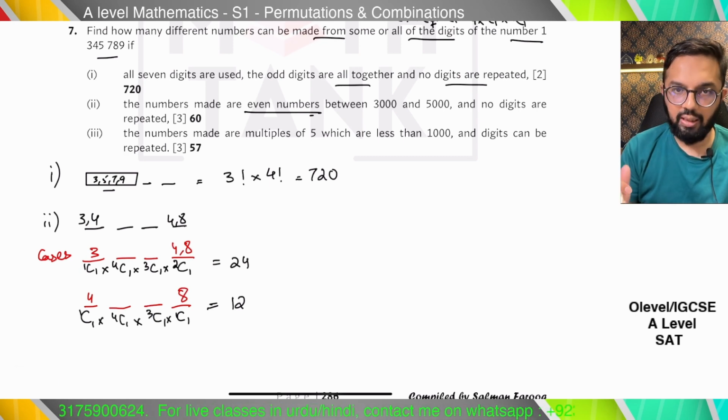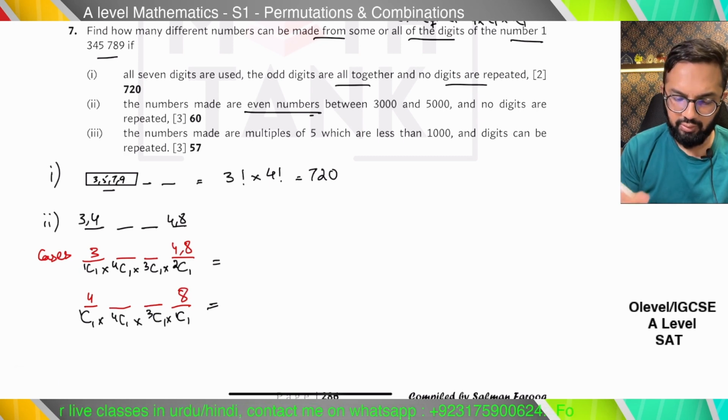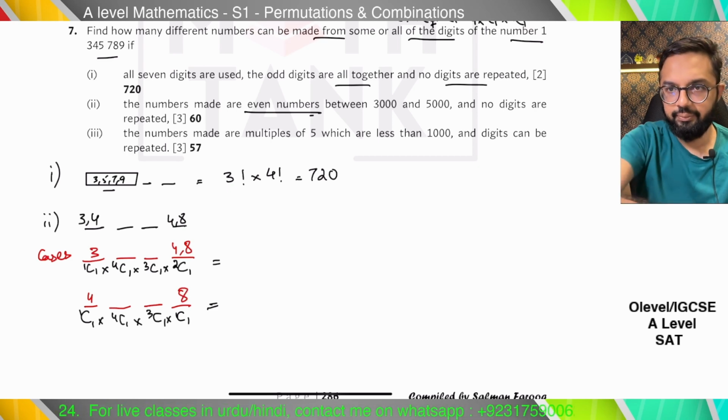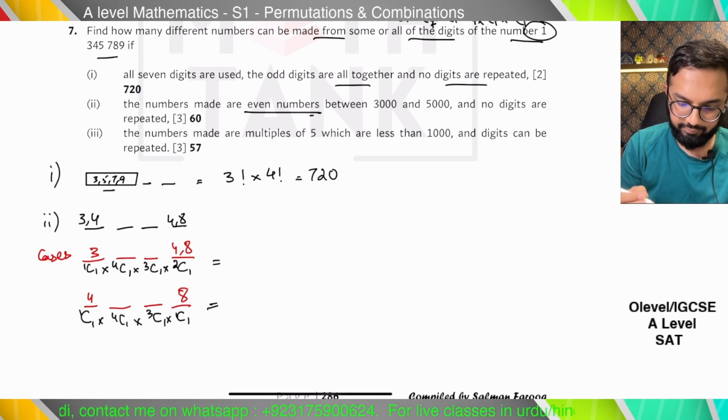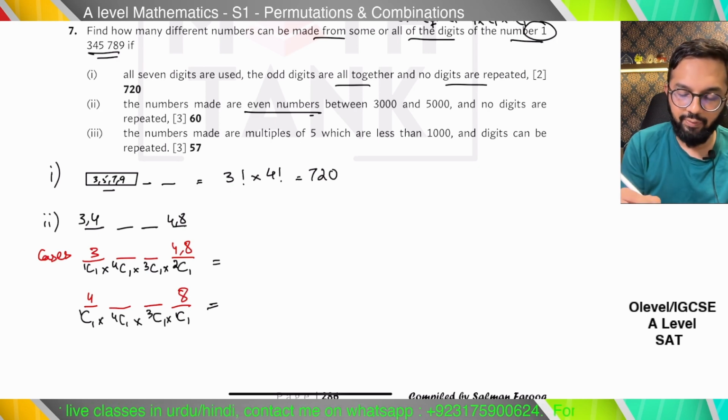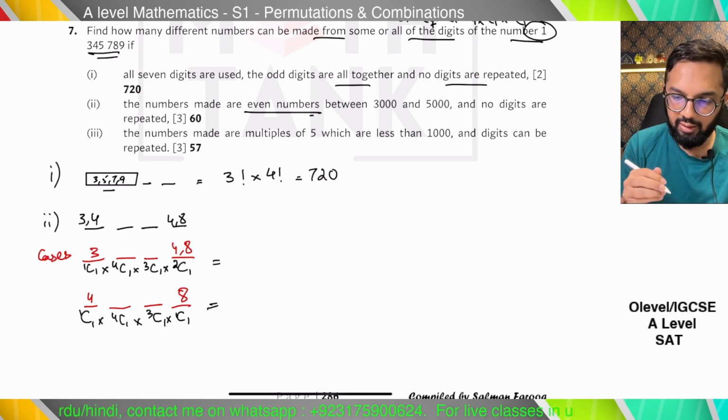Okay, let me check my calculations here a little. I missed something. What I missed is the number 1. So that presents a little bit of a problem. That's what I've done: 1, 3, 4, 5, 7, 8, 9. So there are 7 digits available.